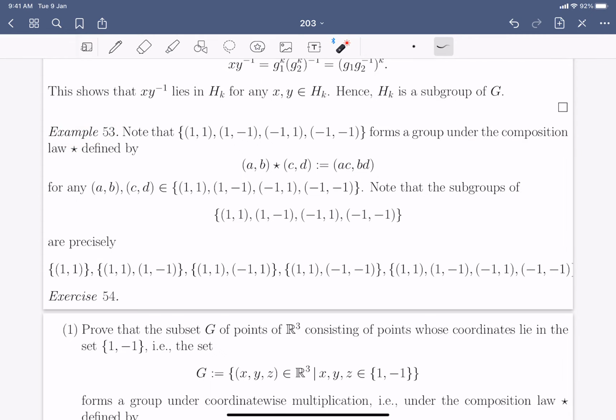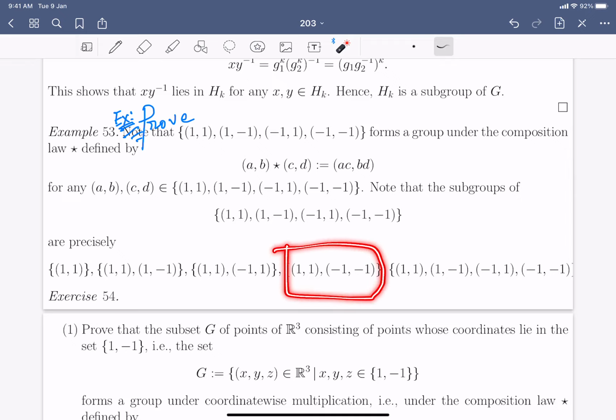So that is an example, and this is an exercise for you: prove that the set forms a group under this composition law. Note that you could do something like the following. You can consider a subset, for example, maybe this one.